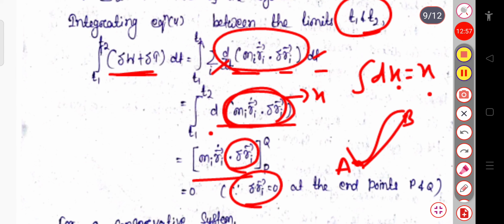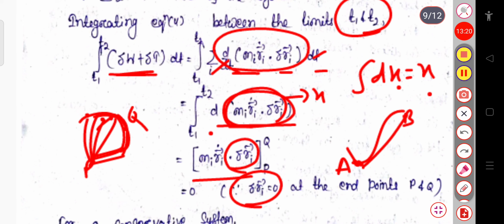That means at point A the actual path and the neighboring path all merge at a point. So at this point delta Ri is 0, and also at this P point and this Q point, the actual path as well as the neighboring path merge. So the difference between the paths at this point is 0.